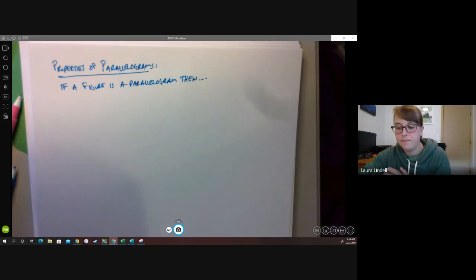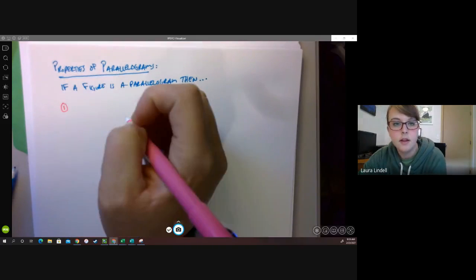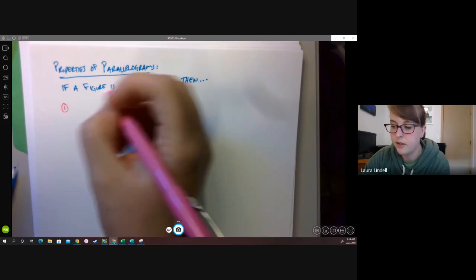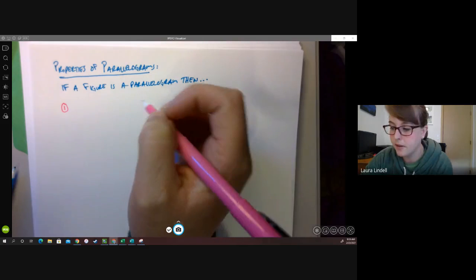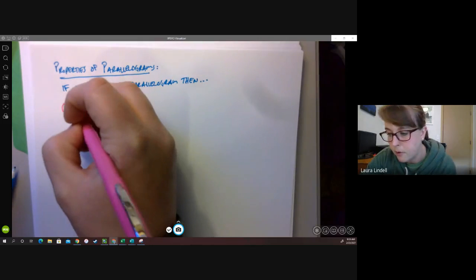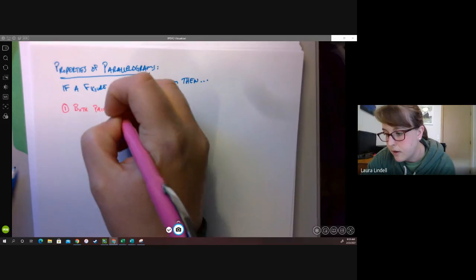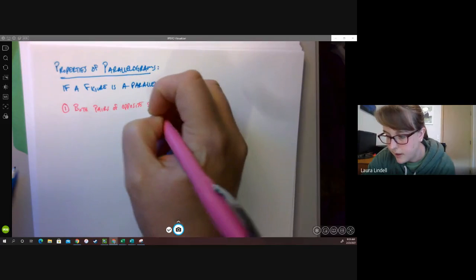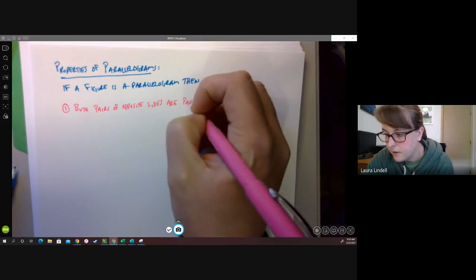But anyway, the first property: both pairs of opposite sides are parallel. That's why it's called a parallelogram. A lot of things are parallel going on there. So both pairs of opposite sides are parallel.